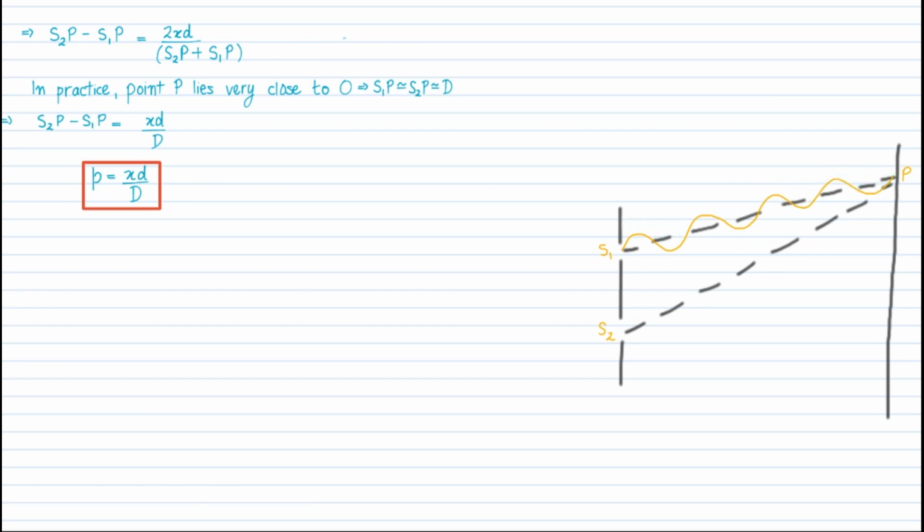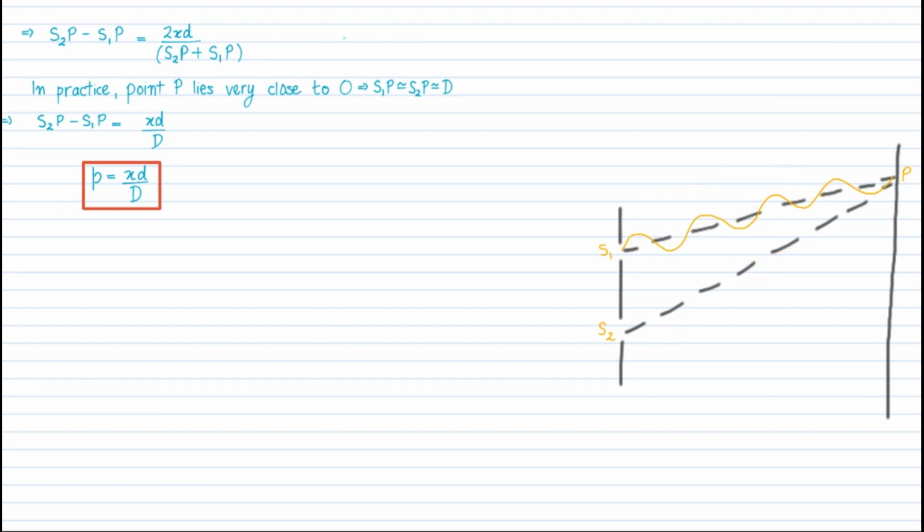So it takes four wavelengths for the light to reach from S1 to the point P. Now let us consider the light traveling from S2 to the point P. Since S2P is greater than S1P, the light has to travel a larger distance, which means it will take more wavelengths as compared to S1P.